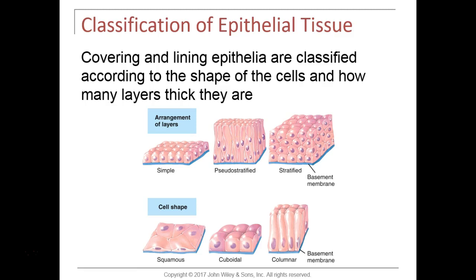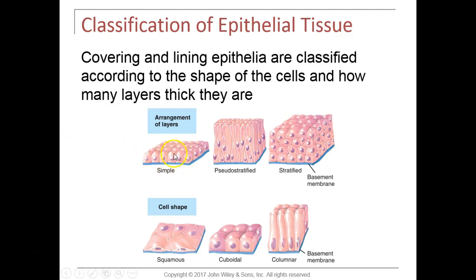So how do we name the epithelial tissues in the body, which we have many different examples of? Well, we name them basically for two reasons. Number one, epithelial tissues have different number of layers of cells. Some of the epithelial tissues only have one layer.